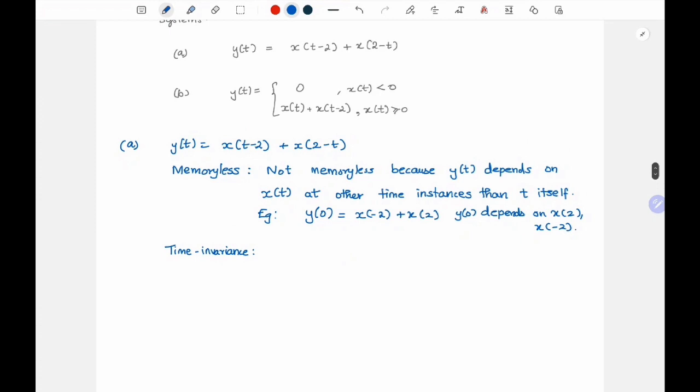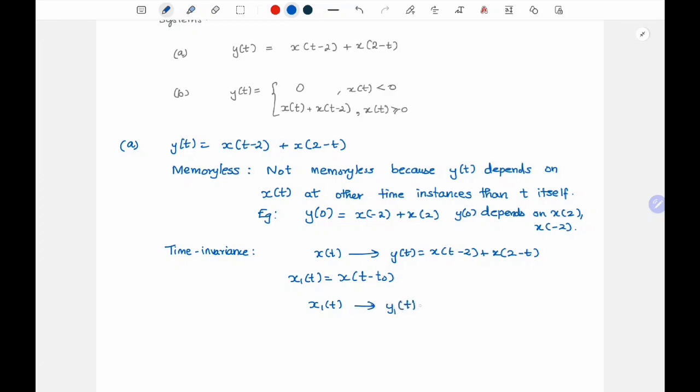So what do you think? Is it time invariant? Okay, let's see. x of t gives y of t as x of t minus 2 plus x of 2 minus t. Correct? So let's assume x1 of t as x of t minus t naught. Now let's pass x1 of t to the system.